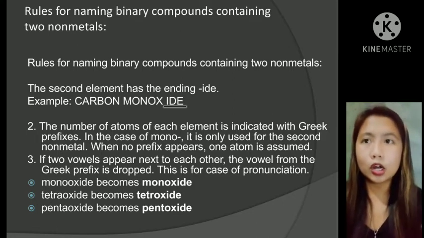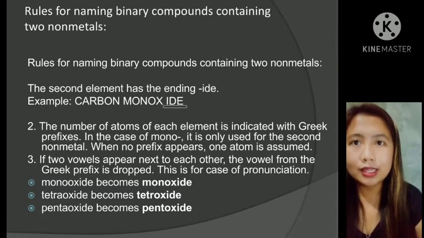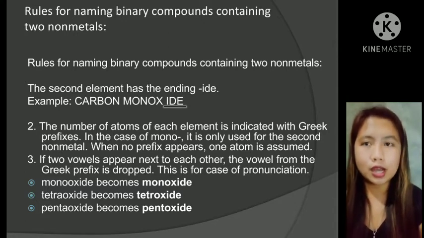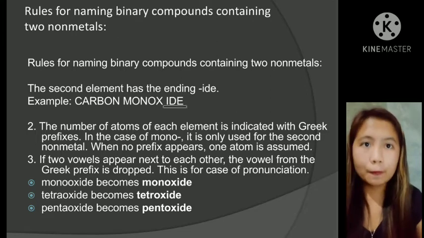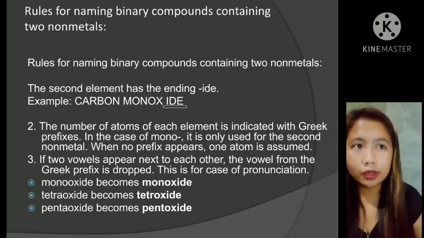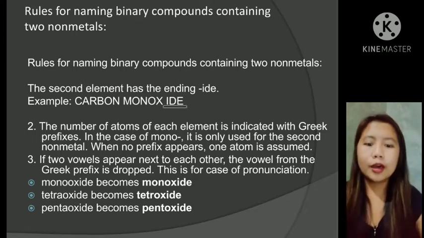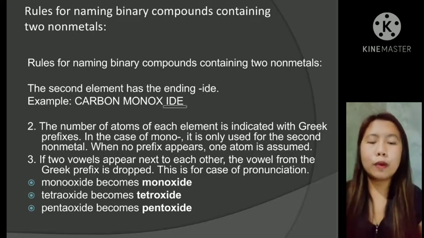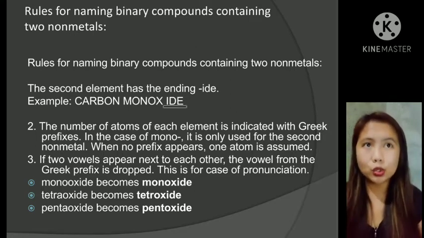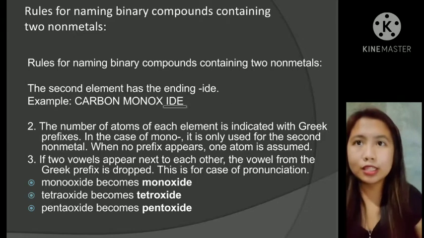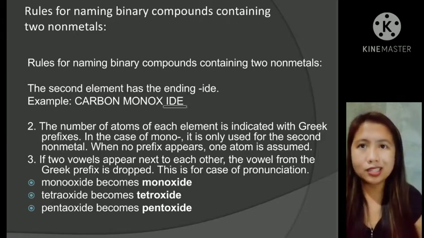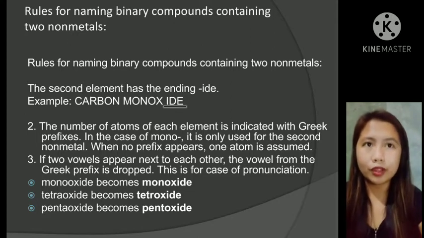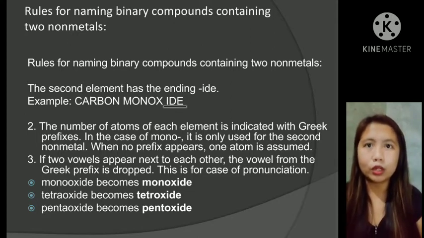The prefix mono is only used for the second nonmetal. When no prefix appears, one atom is assumed. Number 3. If two vowels appear next to each other, the vowel from the Greek prefix is dropped. This is for the sake of pronunciation. For example, you will see in this page.